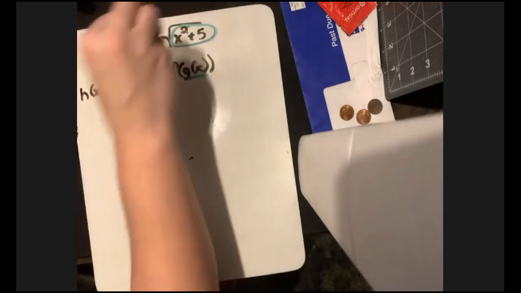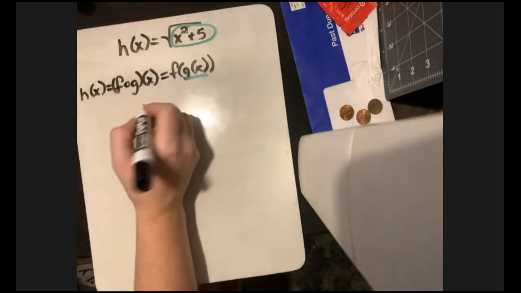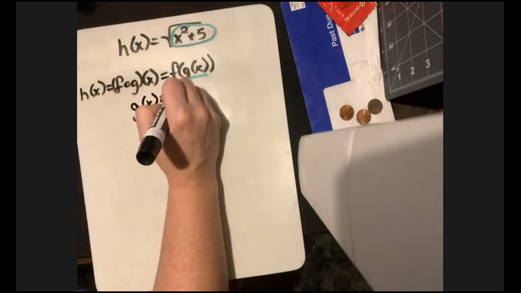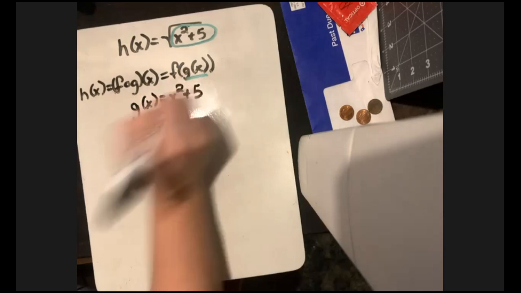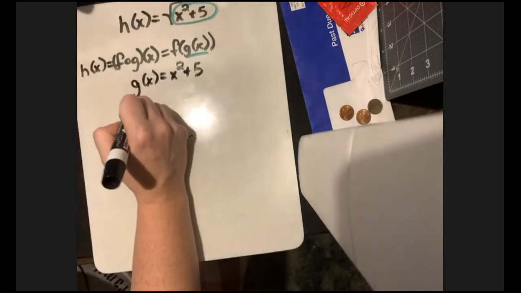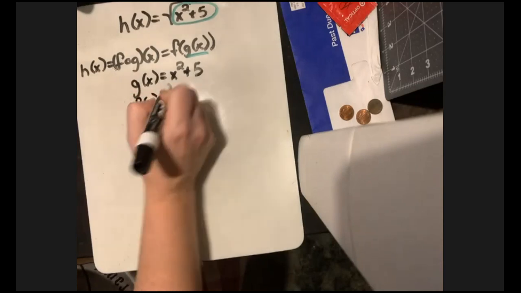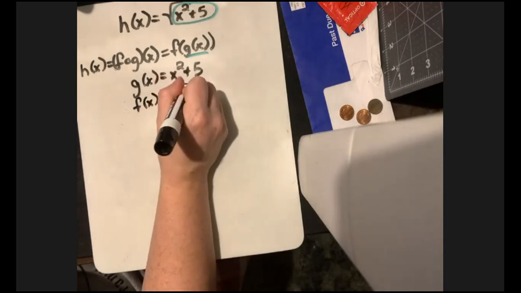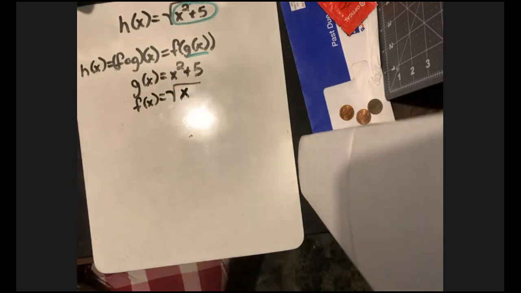Since that is in the square root, I'm going to let g of x be that x squared plus 5. And then f of x is going to be square root, but I do need a variable to show what was underneath it.